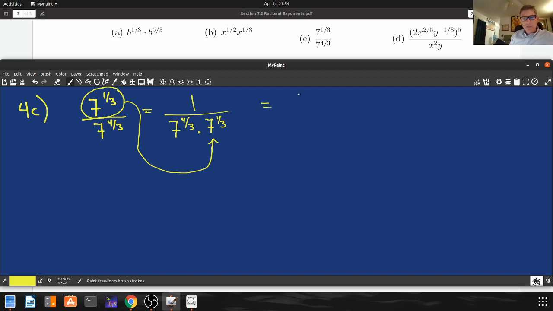So now all I have to do is simplify what's in the denominator. Our bases are the same, it's 7, so I simply add my exponents. So the answer is 1 over 7 raised to the 5/3 power. And that's how they want to see it.